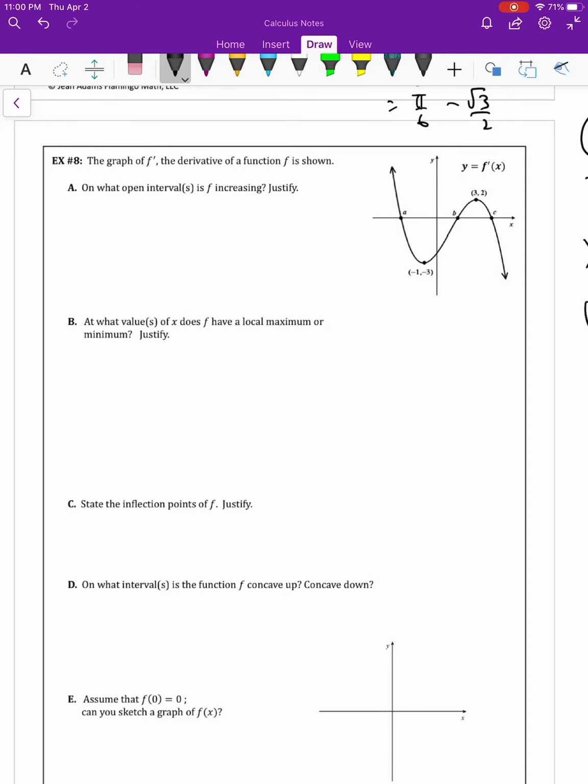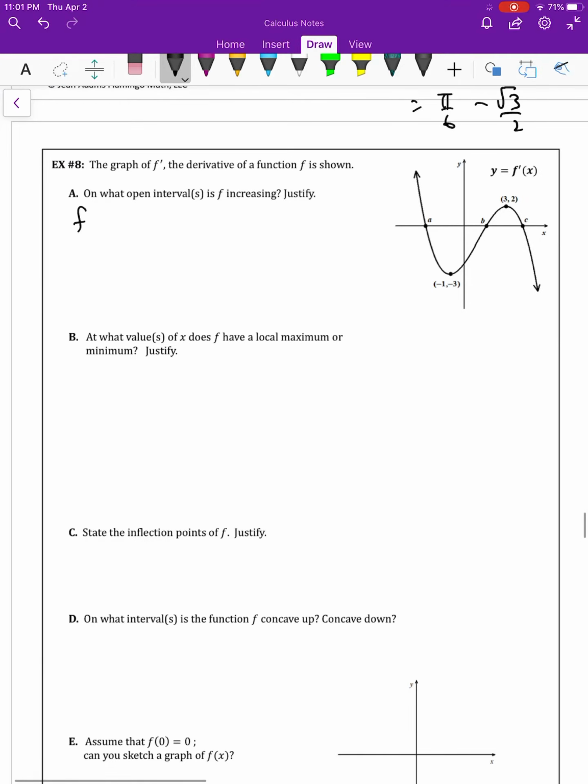All right, so example number 8, the graph of f prime, the derivative of a function f is shown. On what open interval is f increasing? So if we want to know where f is increasing, we're going to look to see where f prime is positive. So you can see here where f prime is positive. So we're going to say that f increases where f prime of x is greater than 0.